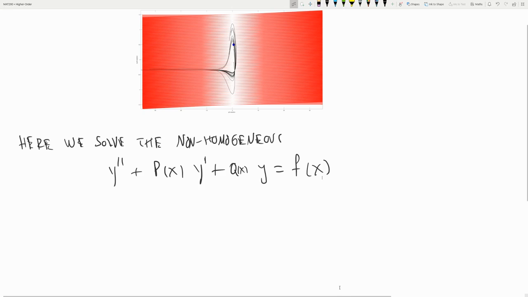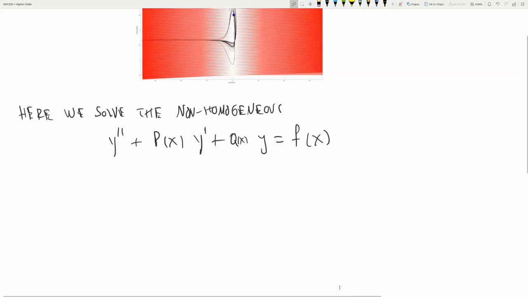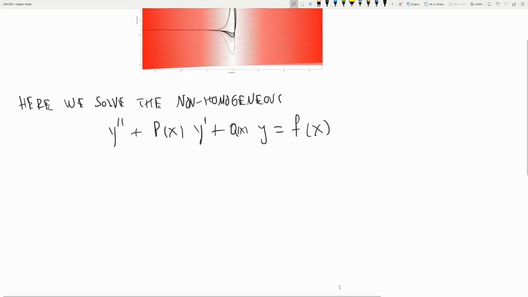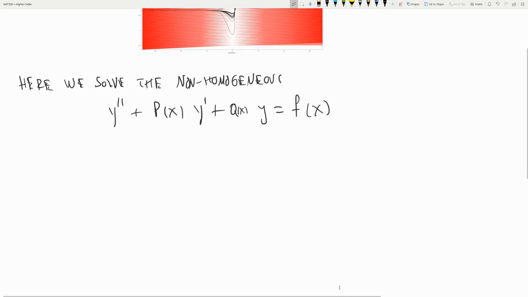So you already saw this in Math 187. I'm just going to review what you did. Right, so we have the following ansatz, meaning a guessed solution.